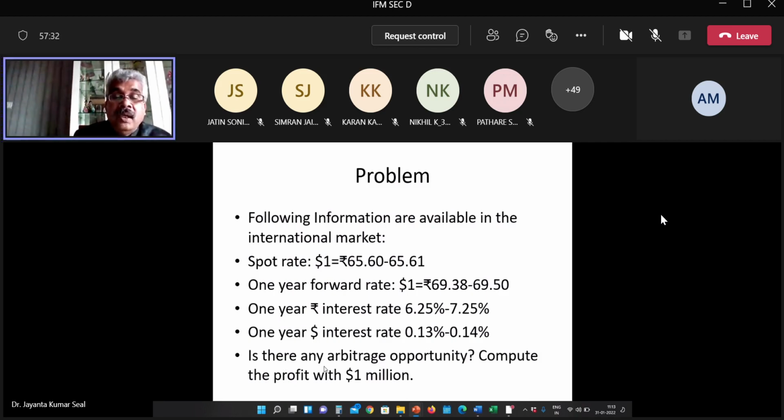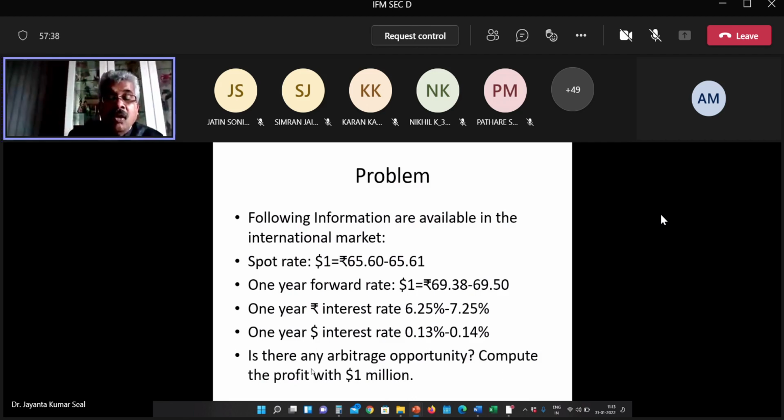First, is there any interest arbitrage opportunity? Compute the profit with $1 million. We'll borrow dollar. Same thing: you borrow one currency at a particular rate of interest, convert that currency into another currency, deposit that money and buy a forward contract.